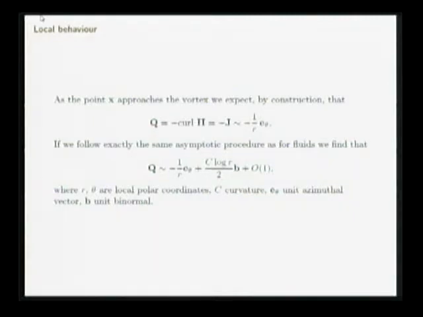And so if I follow the procedure, I get exactly the same local expansion for Q. So I still get Q is minus 1 over r e theta. Then there's a log r term multiplied by the curvature in the binormal direction. And then there's all the order 1 stuff. So it's exactly the same asymptotic expansion. We've been able to transfer all that technology across from fluids.